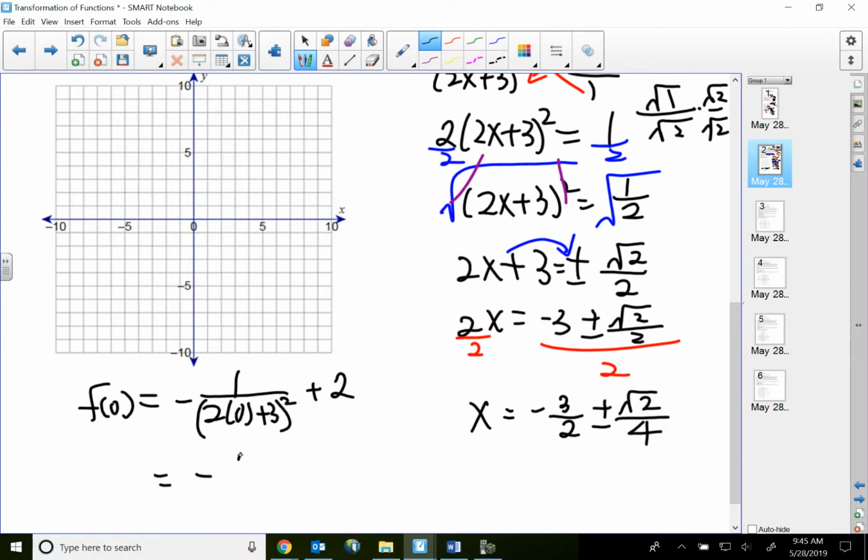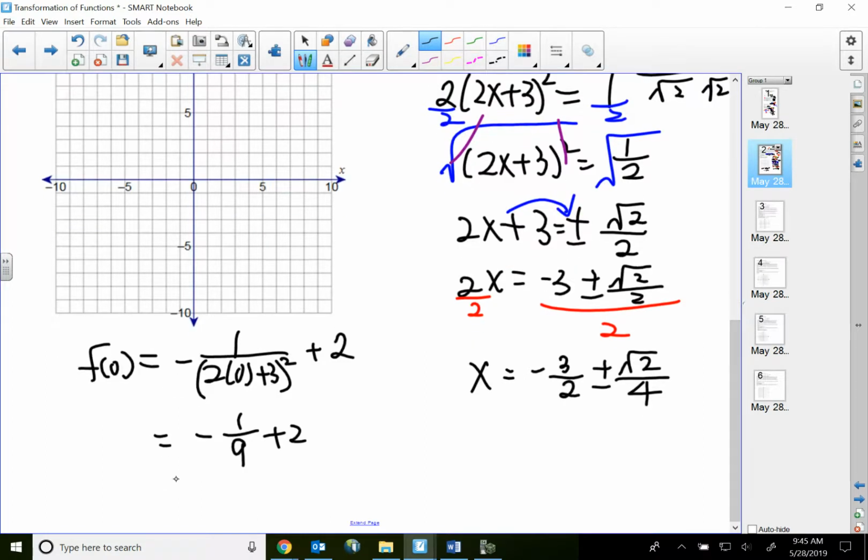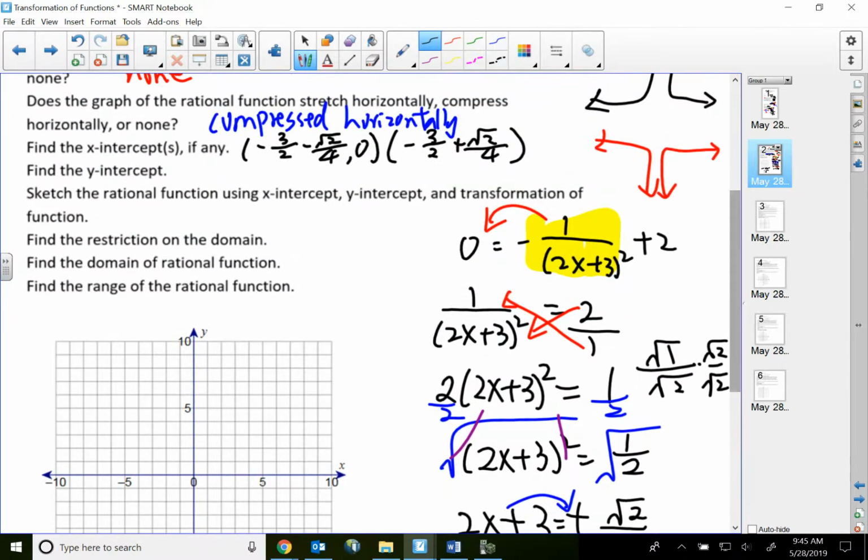So this is going to be -1 over 9 plus 2. 2 is 18 over 9. -1 plus 18 is 17 over 9. All right, so let's sketch it real quick.